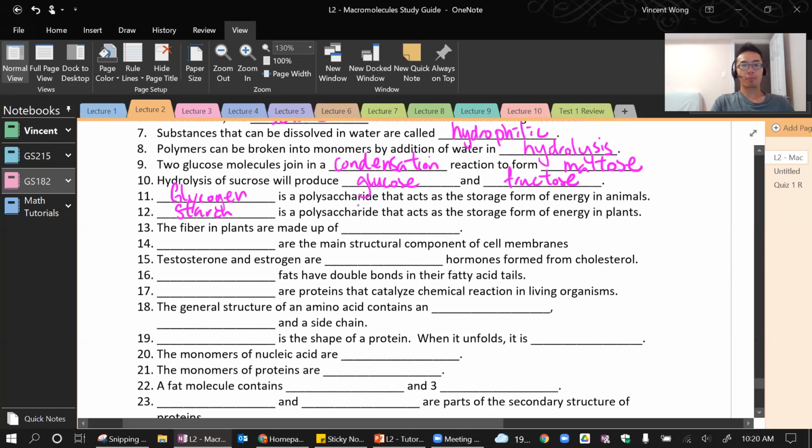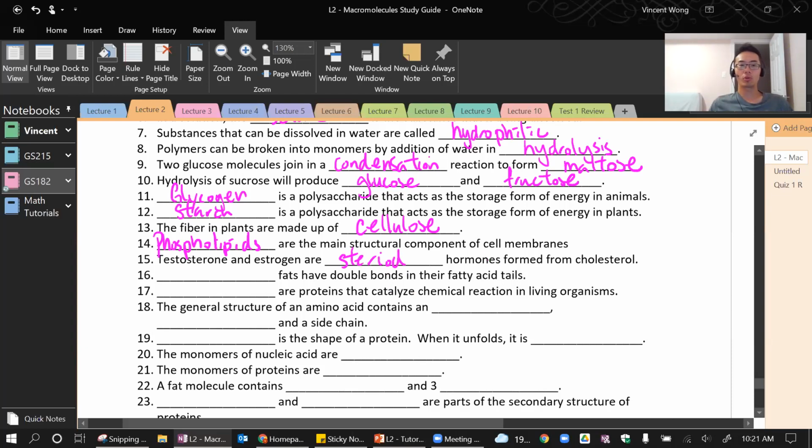The fibers in plants are made up of cellulose. The main structural components of the cell membrane are the phospholipids. Testosterones and estrogens are steroid hormones. Okay.